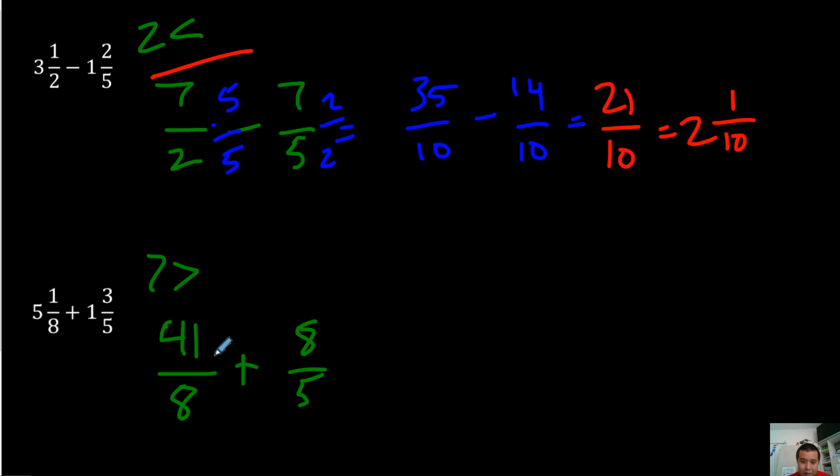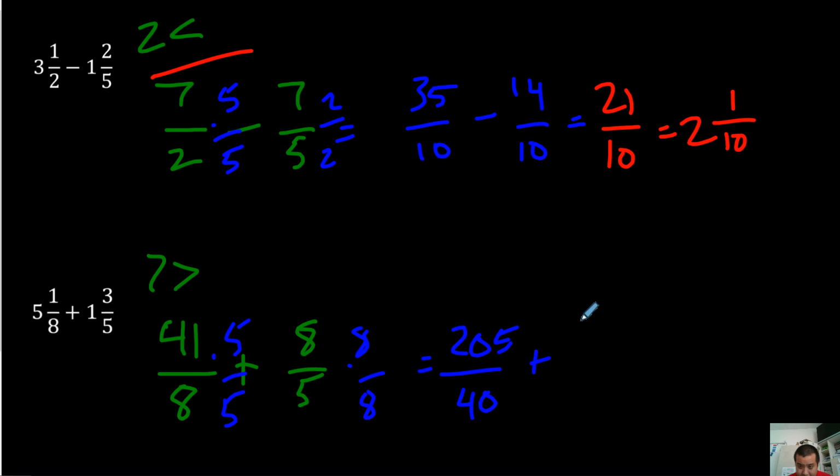So we're going to multiply this by 5 over 5, and multiply this one by 8 over 8. Which gets us, 41 times 5 is 205 over 40.